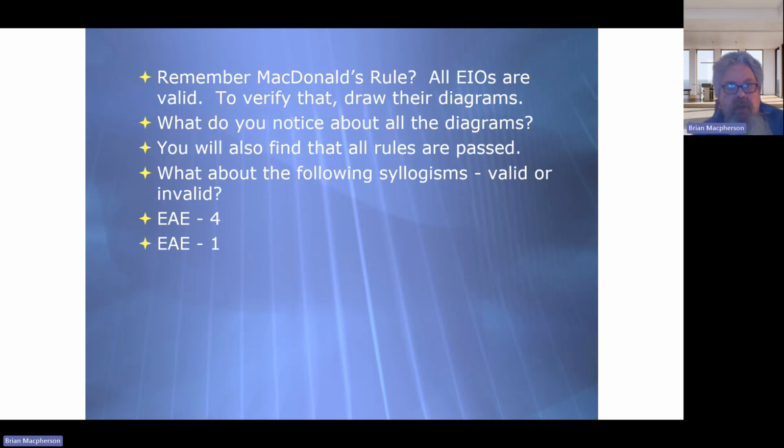So let's look at these two syllogisms here. Are they valid or invalid? Why don't we unpack these? I'll draw it in again with my terrible handwriting. So let's do EAE-4. That is, no P's are M's, right?